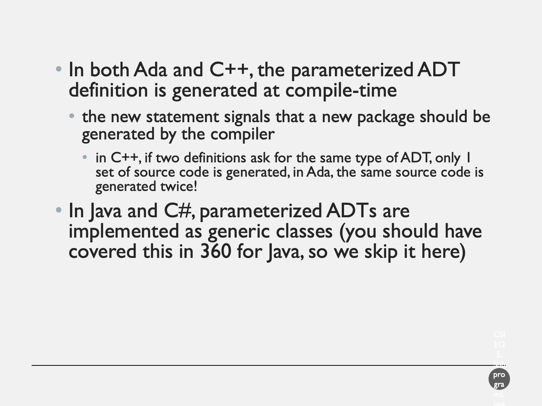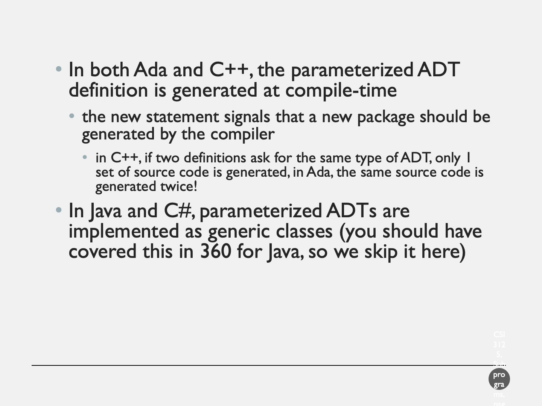In C++, if multiple definitions request the same ADT type, the compiler generates only one set of source code. In contrast, ADA generates separate code each time, even if the ADT type is the same. So ADA doesn't optimize code reuse in the same way as C++.